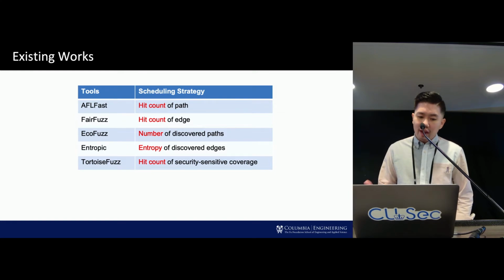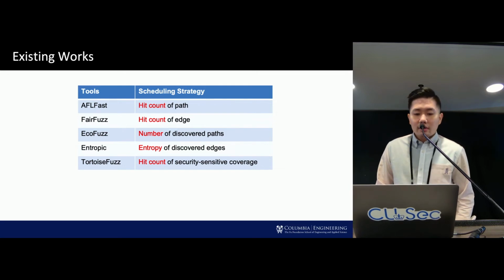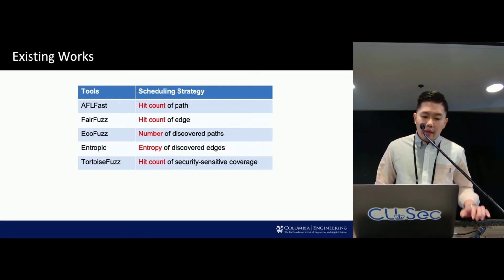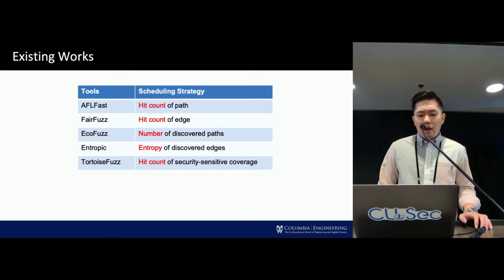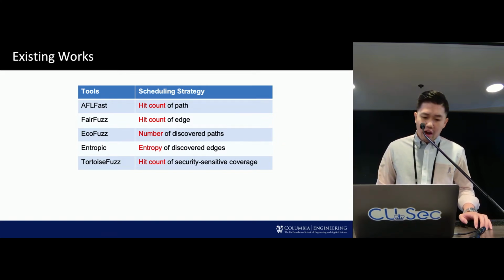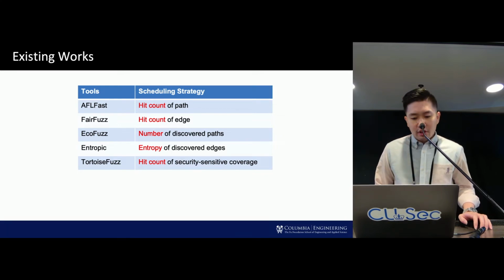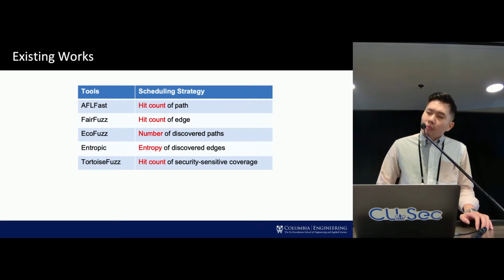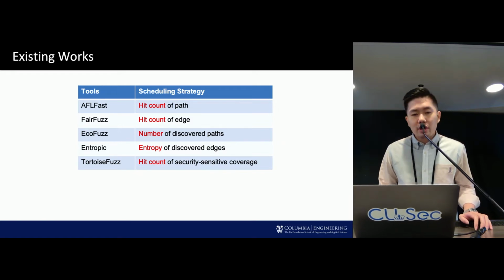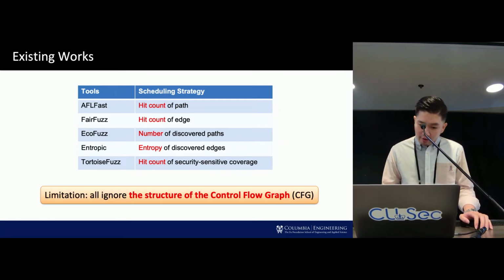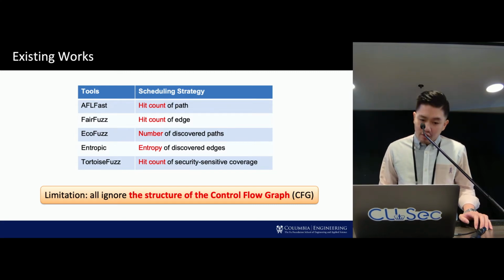For example, AFLFast prioritizes seeds which hit rare paths, and FairFuzz prioritizes seeds which hit rare edges, and other fuzzers like EcoFuzz, Entropic, and TortoiseFuzz employ different scheduling strategies such as number of discovered paths, entropy of discovered edges, or hit count of security-sensitive coverage. All of them focus on historical mutation data while ignoring the structure of the control flow graph.